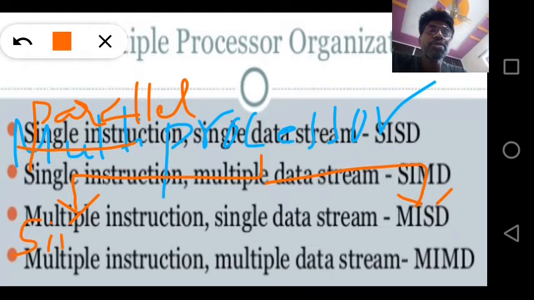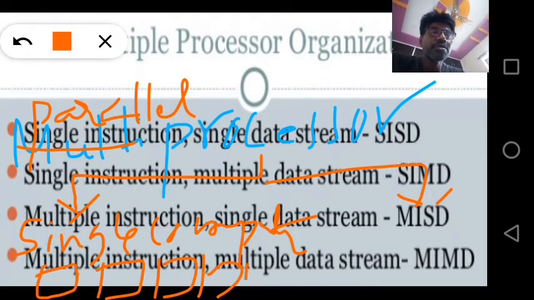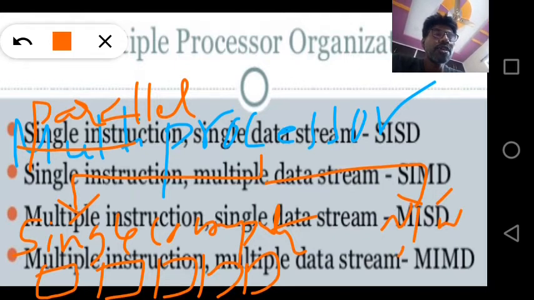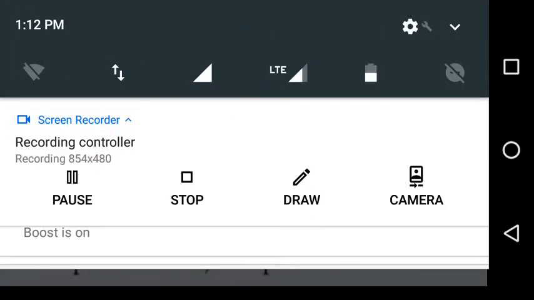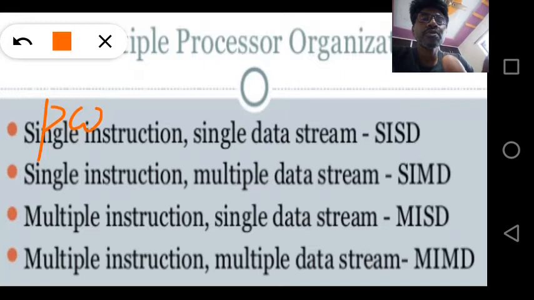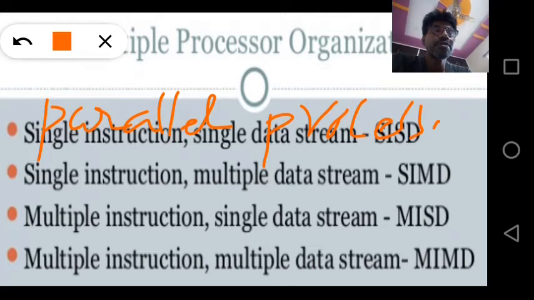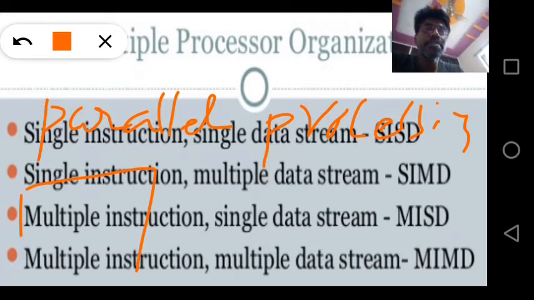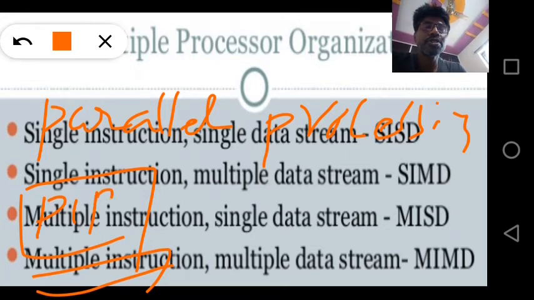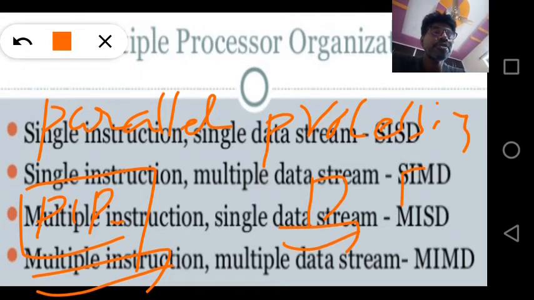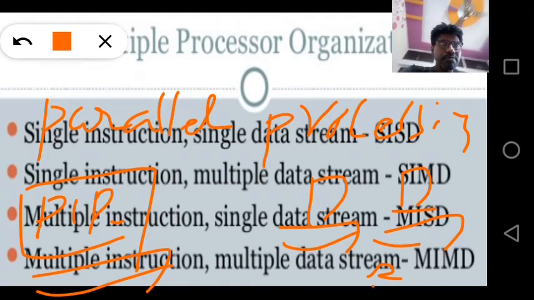One possibility is a single computer with multiple processors, or a network of computers. So let me redraw the picture. This parallel processing means a single computer having multiple processors or a group of computers. The parallel processing can be achieved by these two ways.